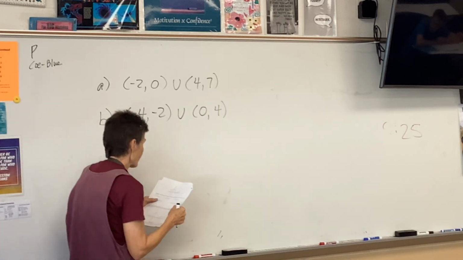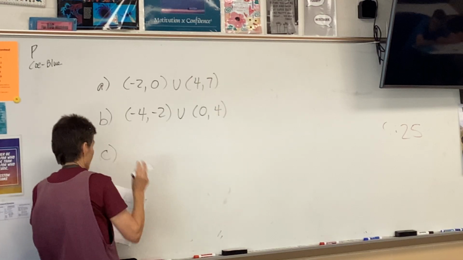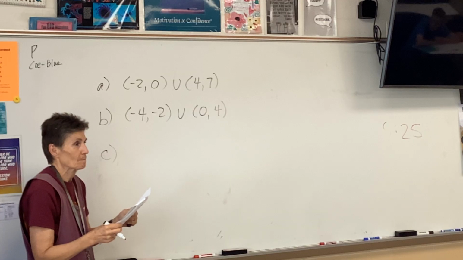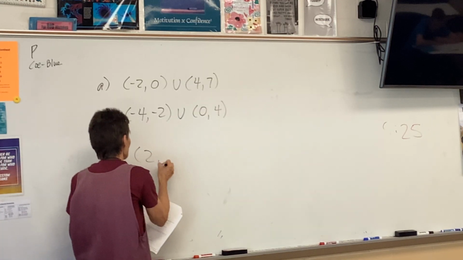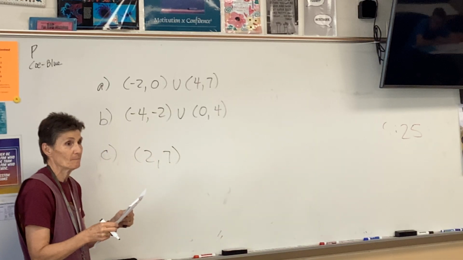Where would you say that curve is concave up? I would definitely say 2 to 7. Would you say 2 to 7 is concave up?